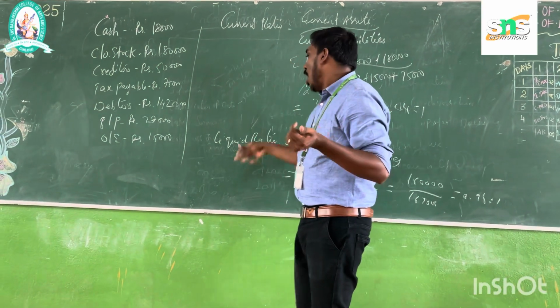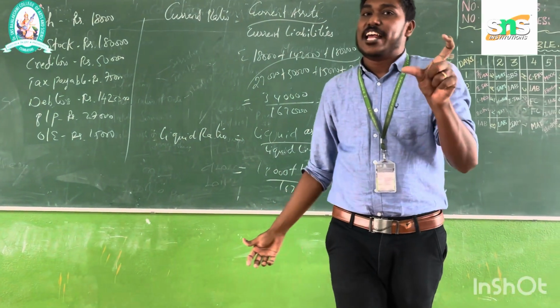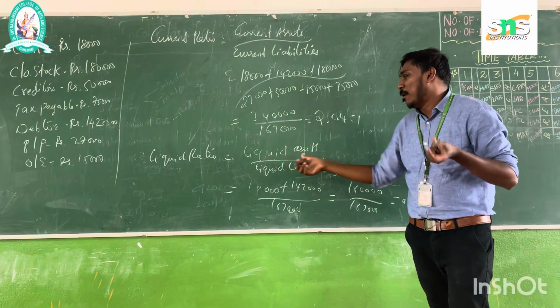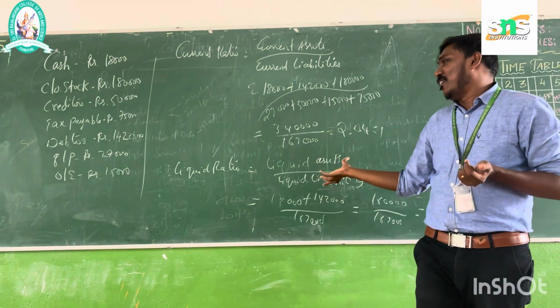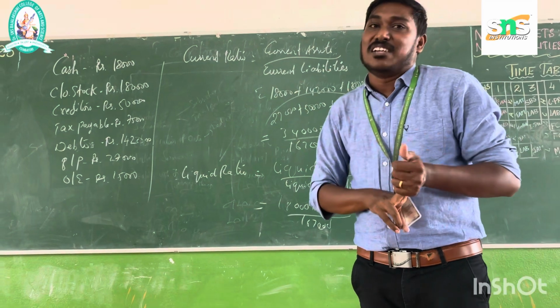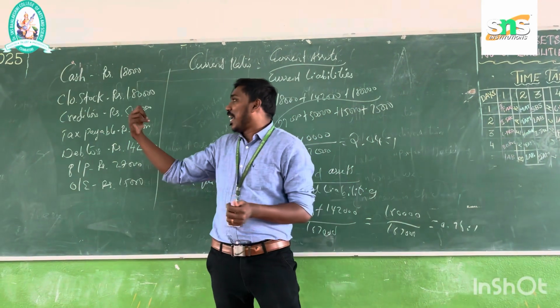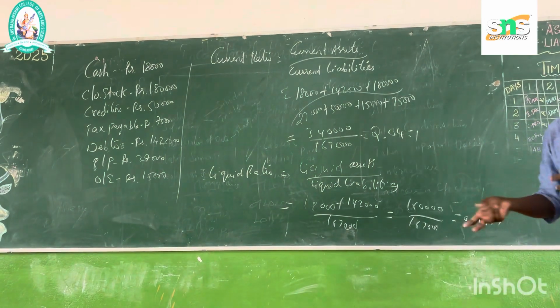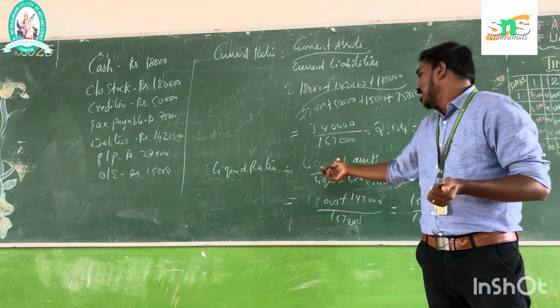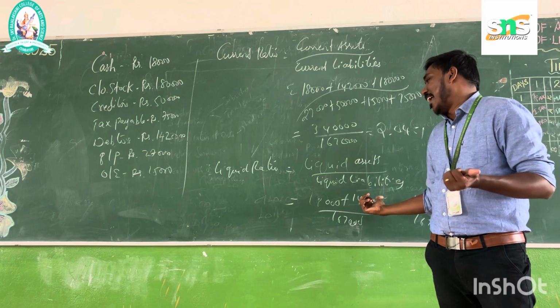Now the second one: how will you find the liquid ratio? The liquid ratio formula is liquid assets by liquid liabilities. Here liquid assets are two things: one is cash, another one is debtors. So liquid assets divided by liquid liabilities.